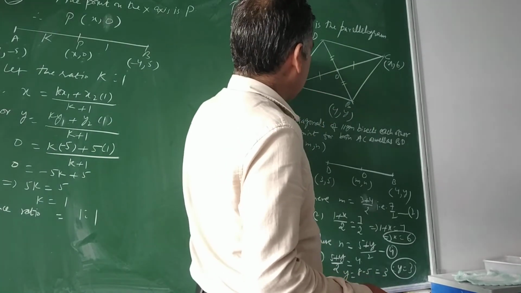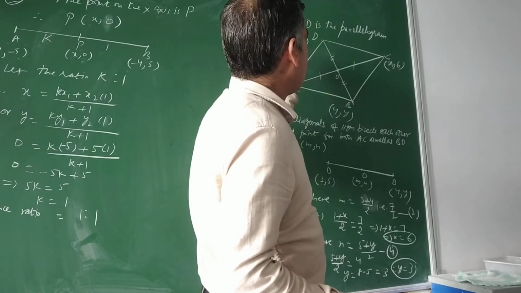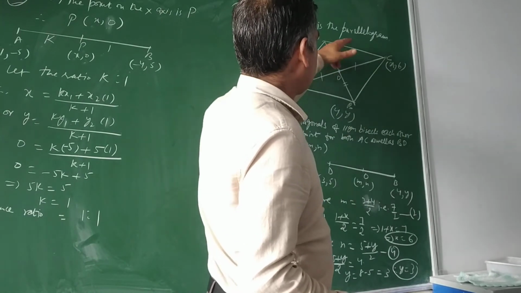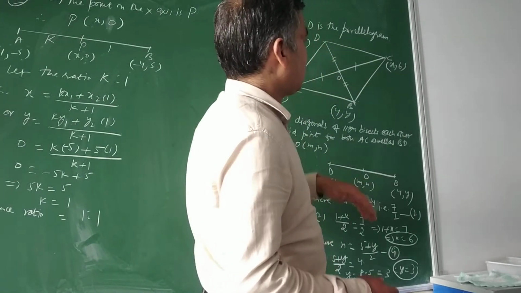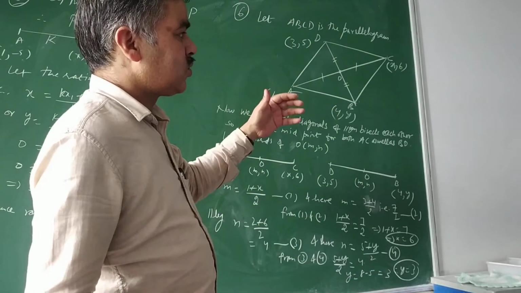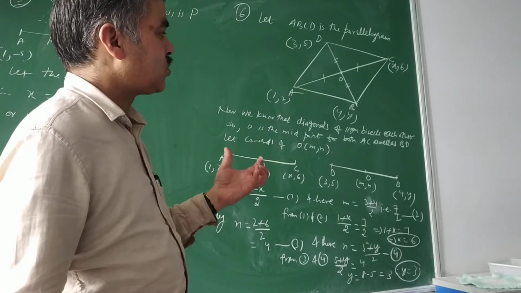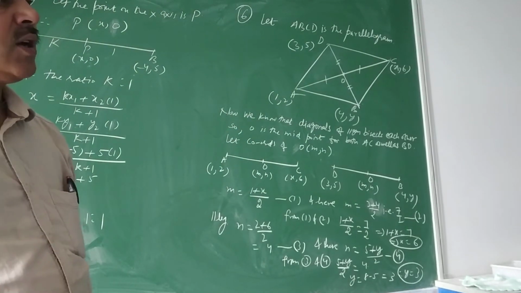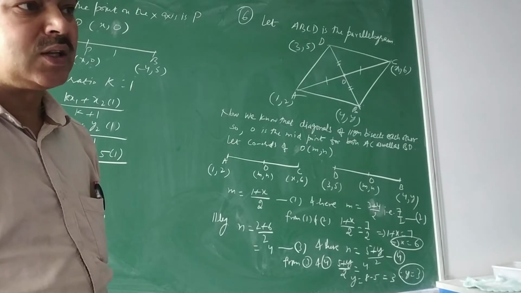So either use AD is equal to BC, you will get one equation in terms of x and y. And then you use AB is equal to CD, you will get another equation in terms of x and y. And then by using those equations simultaneously, you can solve the linear equations in two variables to get the values of x and y. And see the time consumed in that way.